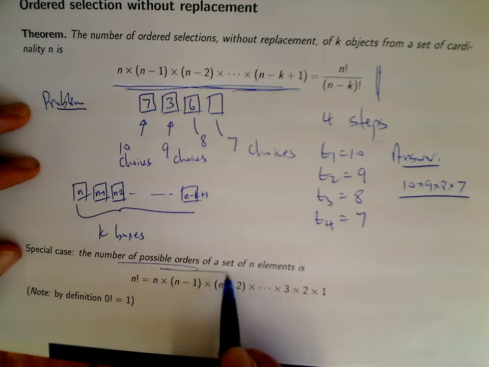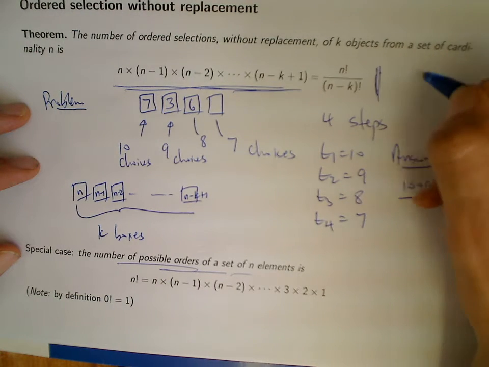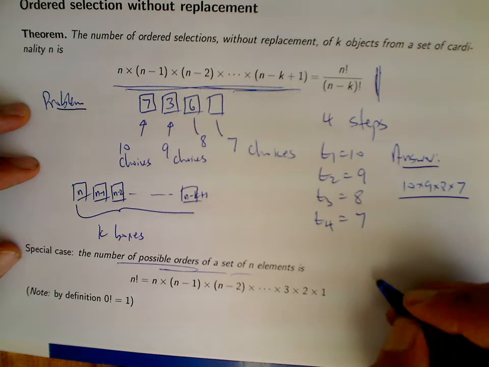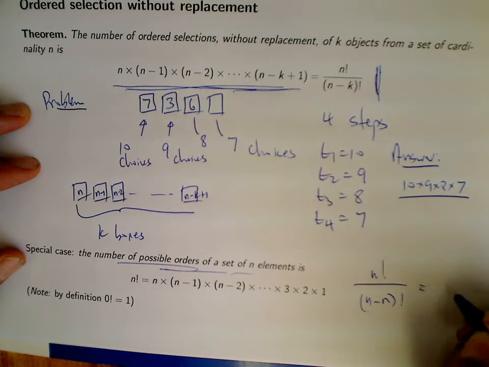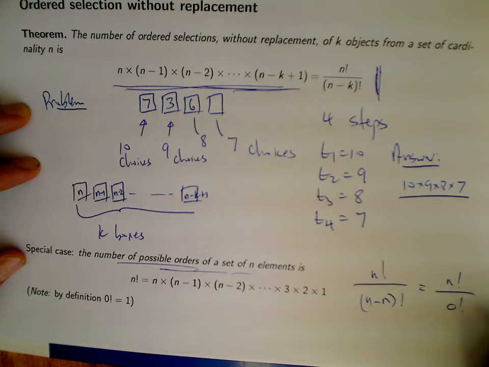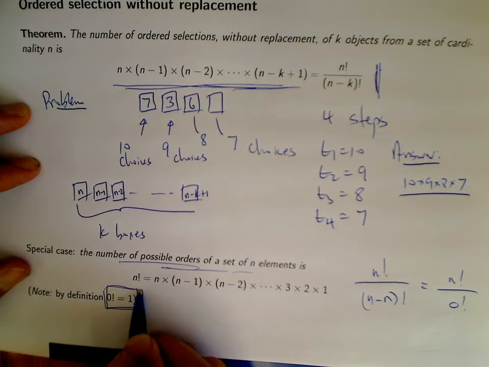So that's the number of possible orders of a set of n elements. And we can see that up in here. We need to get n factorial over n minus n factorial, so that's n factorial over 0 factorial. And we want to remember that 0 factorial is defined to equal 1.